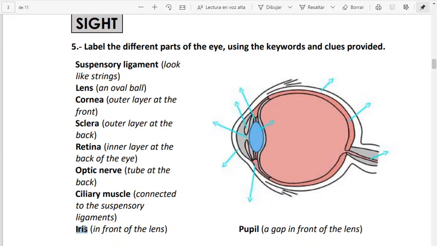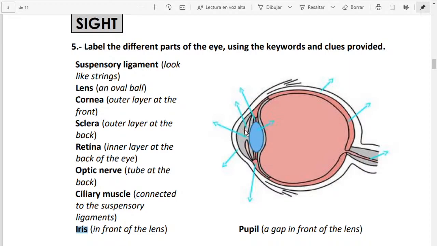Finishing, we have iris. Remember, iris is something you can see in every eye, and maybe my iris is a different color from yours. In my case, I have a brown iris, but some of you have a blue iris, a brown iris, dark brown or green or whatever. Okay, iris, and the iris is this part here. This is the iris.